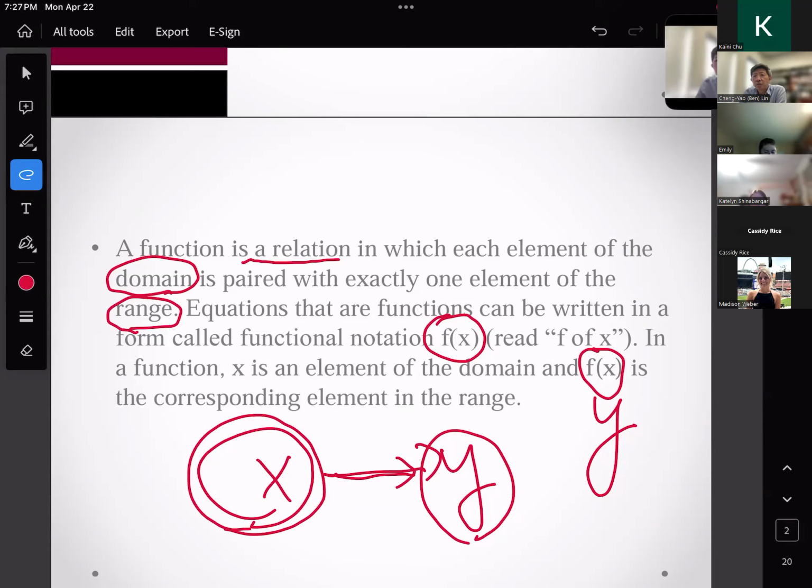Does that make sense to think about it? Input and output. So for your lesson plan, I'd like you to think about, this is mathematics, right? But I'd like you to think about what real world context you can find and tell the children the story. What's the x and y relation, okay?